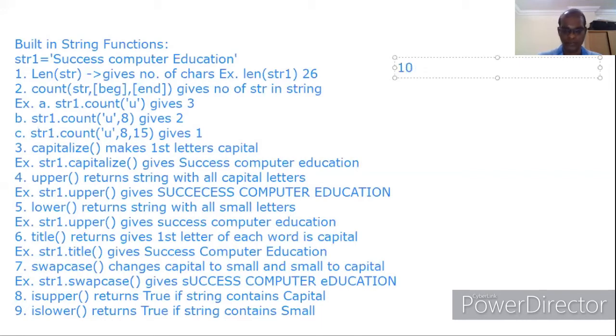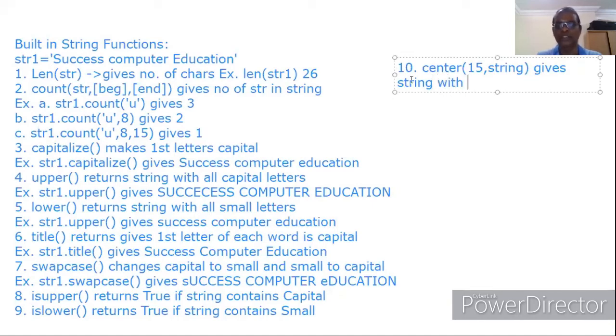Next one is center. It takes the number of characters, comma, some symbol, some character, that means width and fill character. It gives a string with that width. If the calling string is very small, for example, success, it does not have 15 characters.